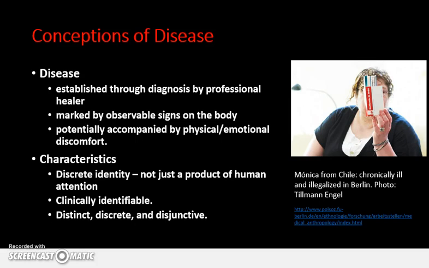It's clinically identifiable, and Singer and Baer talk a little bit about the coding systems that are in place and how each particular disease is coded. And of course, this relates to all sorts of billing disputes in the context of industrial societies overall. Two, diseases are, according to Singer and Baer, distinct, discrete, as well as disjunctive.